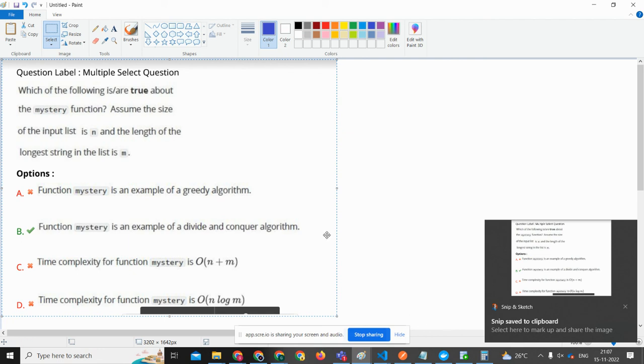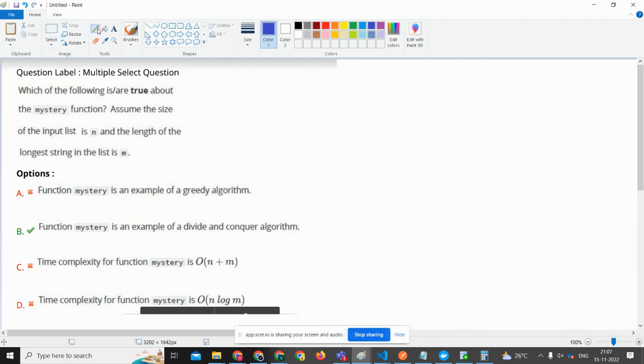Okay, I can connect it like this. I remember saying that in greedy, let's say you have to perform steps 1, 2, 3, 4, 5, 6, 7.